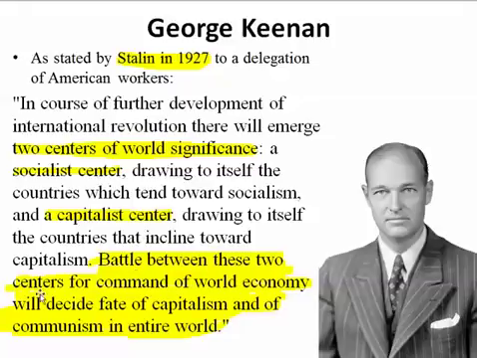Battle between these two centers for command of world economy will decide the fate of capitalism and of communism in the entire world. This is why Kennan says they can't coexist, because Stalin, the leader of the Soviet Union, was saying that there would be a battle between the socialist center and the capitalist center over the world. And so this is the origin of what we call containment policy.